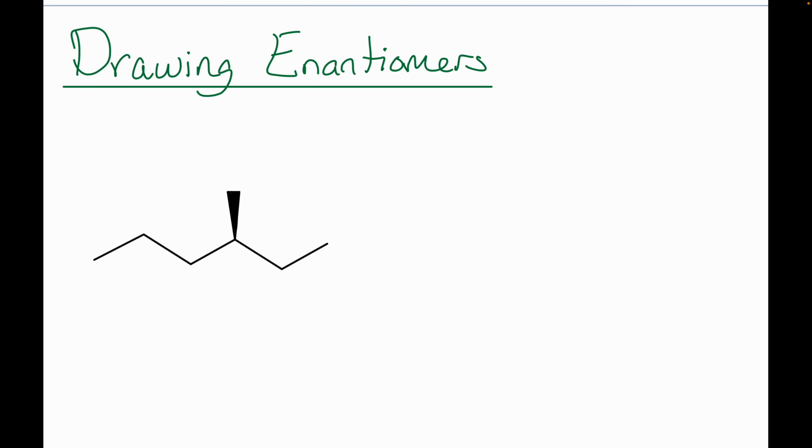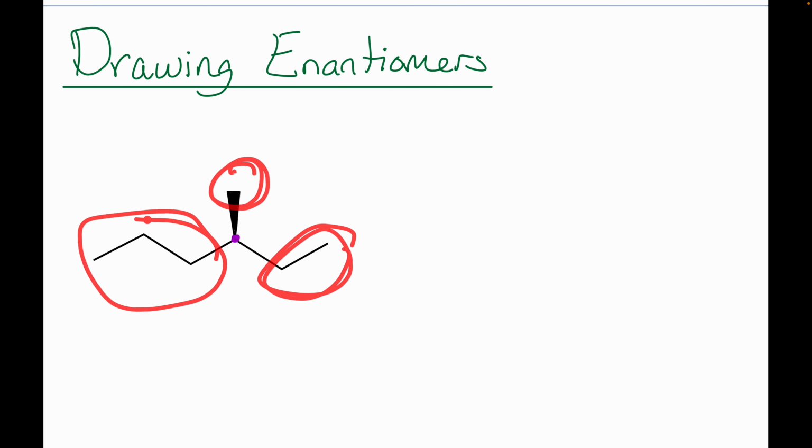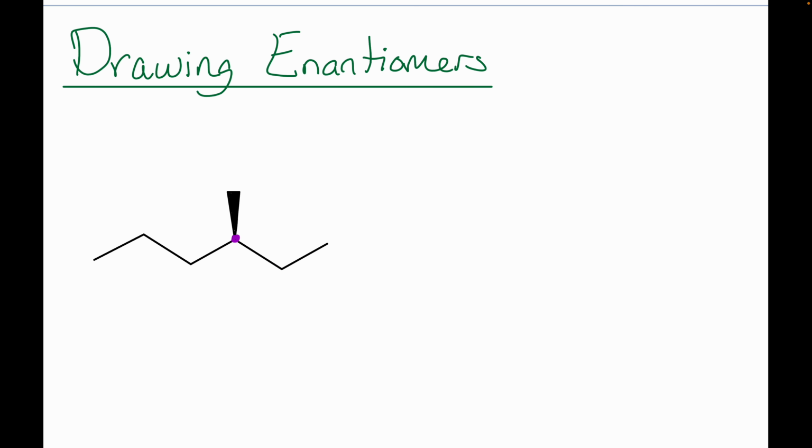Are there any carbons in this molecule that are bonded to 4 distinct groups? There are. Where is it? All right, so how is this carbon here chiral? How is it bonded to 4 distinct groups? Well, it's bonded to a methyl group, an ethyl group, a propyl group, and what's that 4th bond? Hydrogen, right? So those are indeed 4 distinct groups that are bonded to that carbon there.